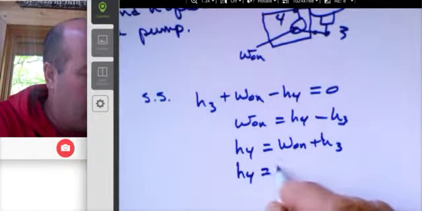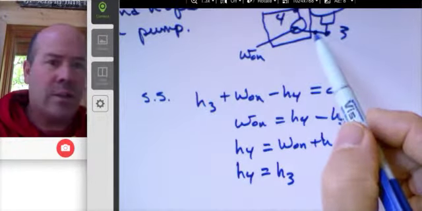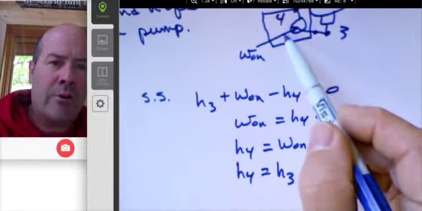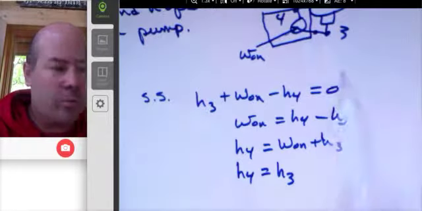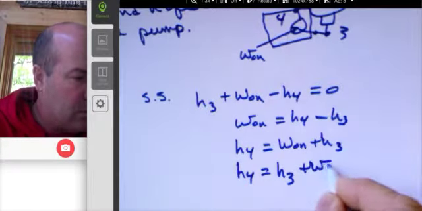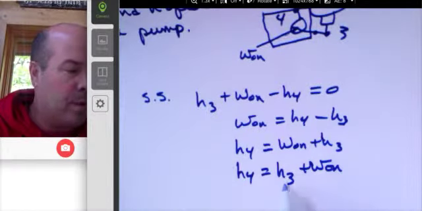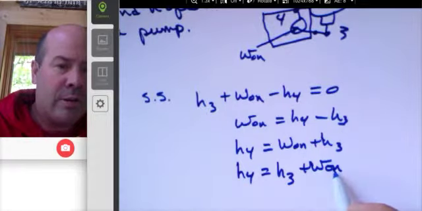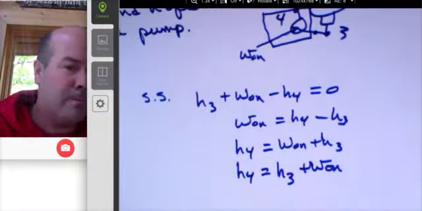H4 equals whatever the H was at 3. So whatever energy the steam brought in to the pump, plus whatever energy we bring in in terms of work, so whatever energy came into the pump in the fluid, plus whatever energy the pump itself added, equals whatever energy is left.